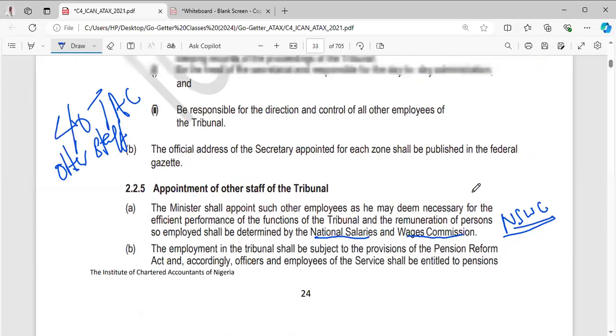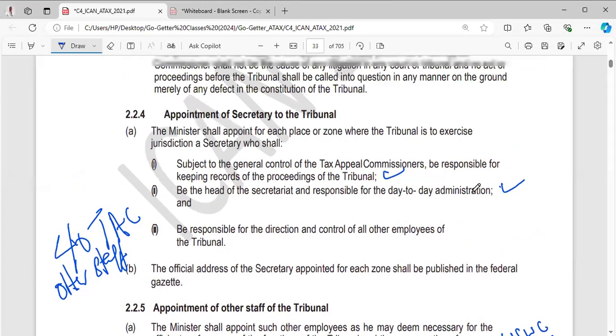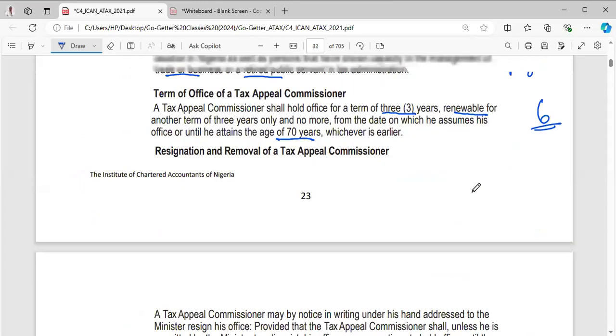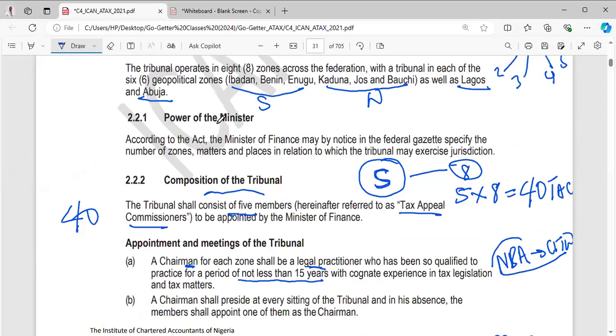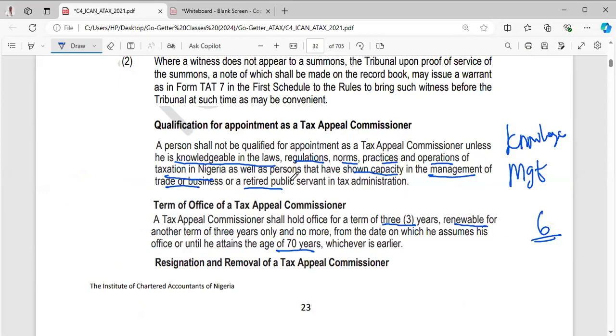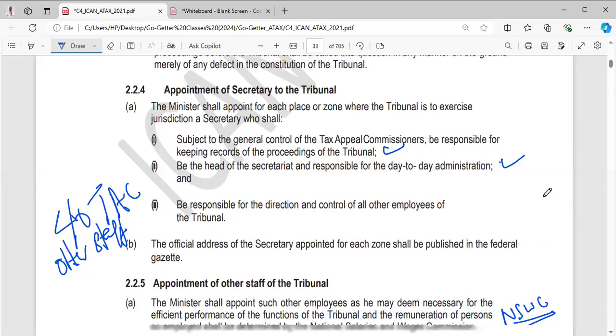The ones that are important are here: the composition of the TAT, that's one; the qualification and term of office, removal and resignation, appointment of secretary. Now look at the jurisdiction of the tribunal.